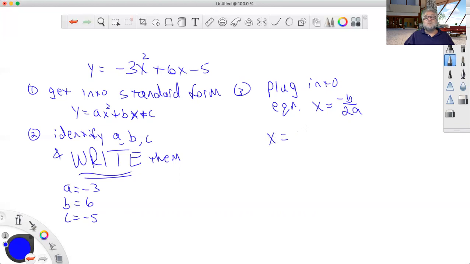So minus b, b is 6, over 2 times minus 3. So that's 6 over minus 6, which is minus 1. So the x-coordinate of the vertex is minus 1.